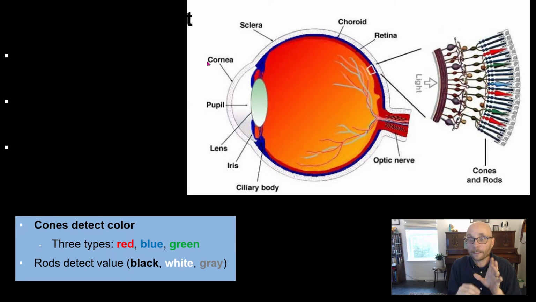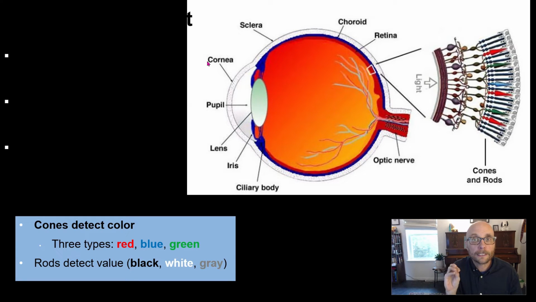So what's happening inside your eye? Well, inside your retina, you have these little detectors called cones and rods. Cones detect colors, and rods detect value, blacks and whites and grays. So you have three basic cones. The best way to remember this is color starts with C, cone starts with C, and rods don't. So for color, you have three little detector cells in there, red, blue, and green, and those can combine the wavelengths in different ways so that you can see all the different colors.